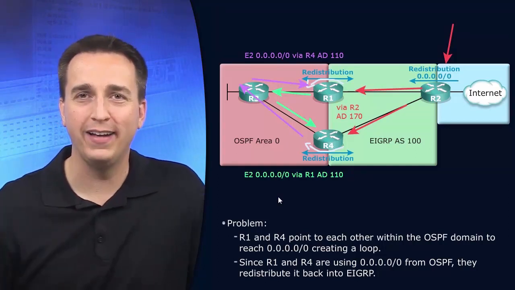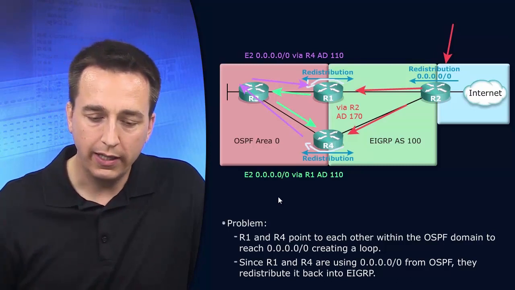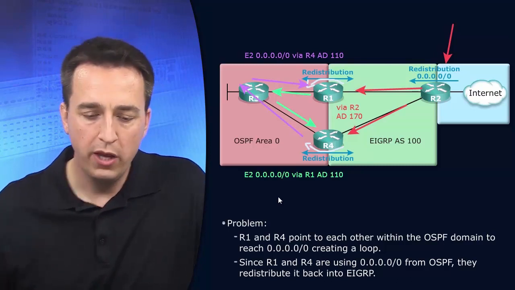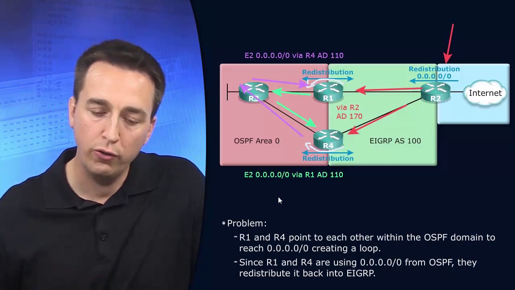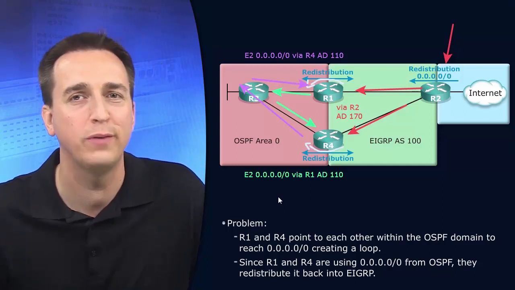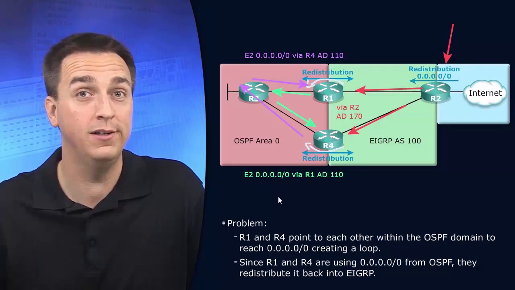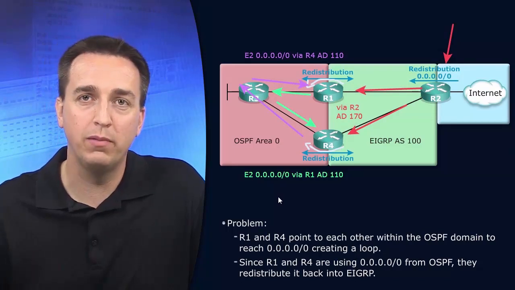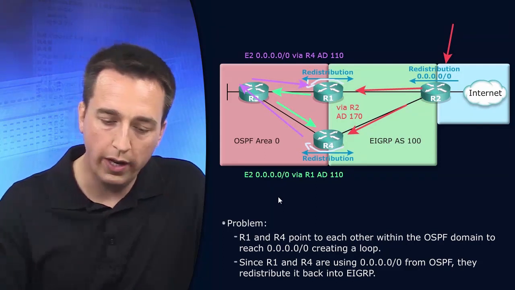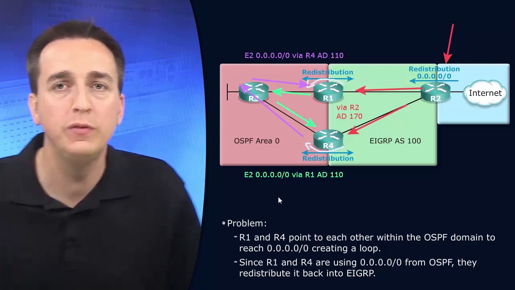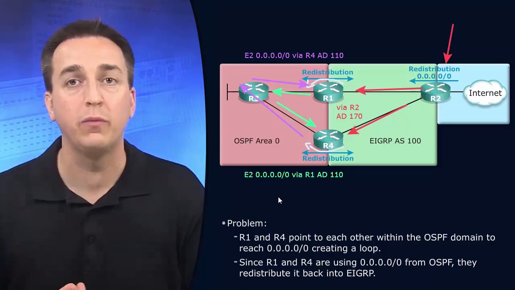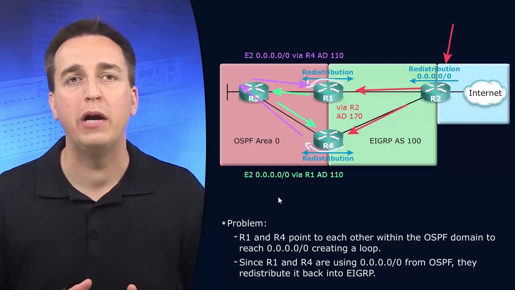Oh, this is fine. This is great. The problem is now R1 has to make a decision. Do I use this OSPF learned route for 0.0.0.0/0, or do I use the external EIGRP learned route of 170? Oh yeah, now that's the problem, isn't it? Because R1 is now going to choose that OSPF learned route, and it removes the EIGRP route from the routing table and puts that OSPF route in.